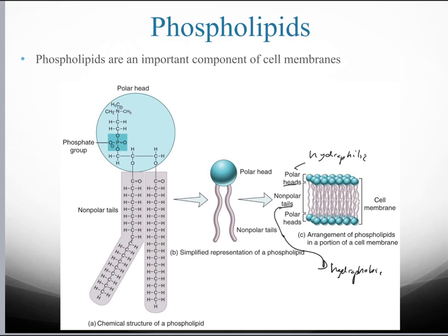They are setting up the cell to establish concentration gradients from the intracellular fluid to the extracellular fluid, allowing stuff to move through. Remember, one of our components of the plasma membrane is that it is semi-permeable. So this is an important characteristic of our cell membrane.